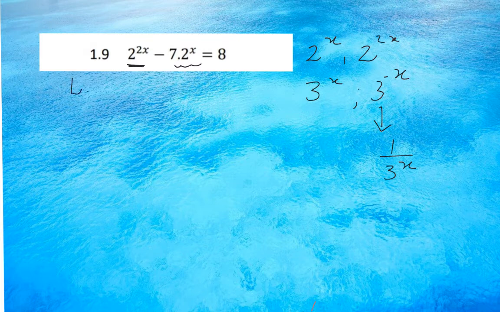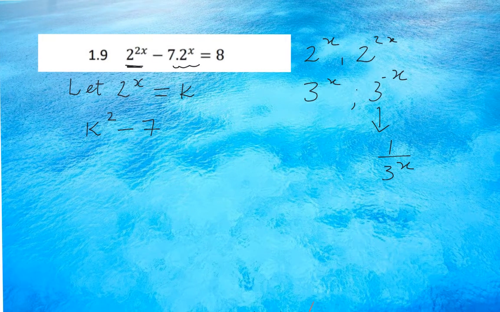So what I would do, I will say let 2 to the x be k. Then how does my equation look? Well, I now have 2 to the 2x as term 1, so that will be k squared minus 7k equals 8. But I can see that I'm getting a trinomial. I get a quadratic equation, and if I want a trinomial, then it must be represented in standard form.